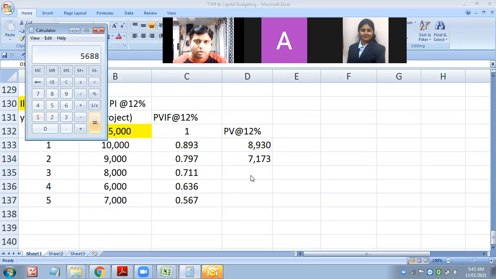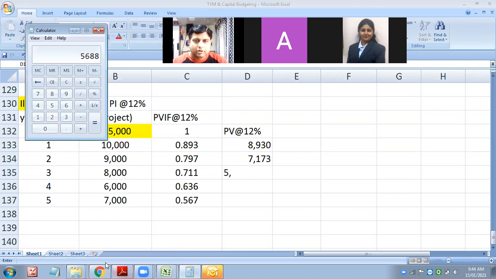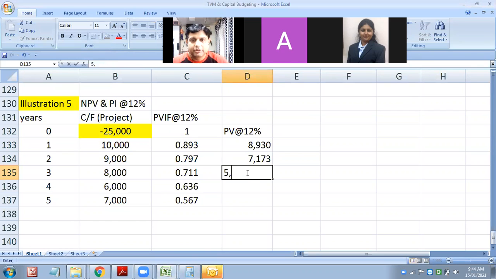Sir, project should be accepted as NPV is equal to 4499. Chalo Srihari, help me with this amount. This is right, 8,930. Yes, sir. This is right, 7,173. 5688.